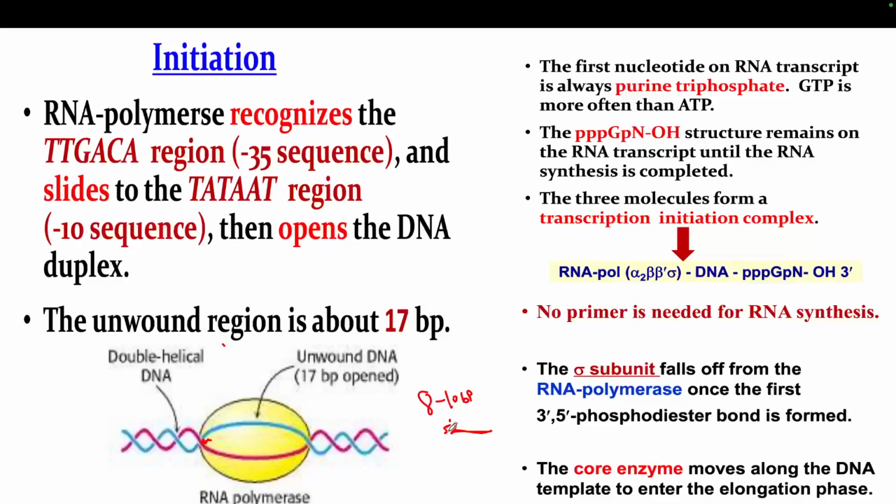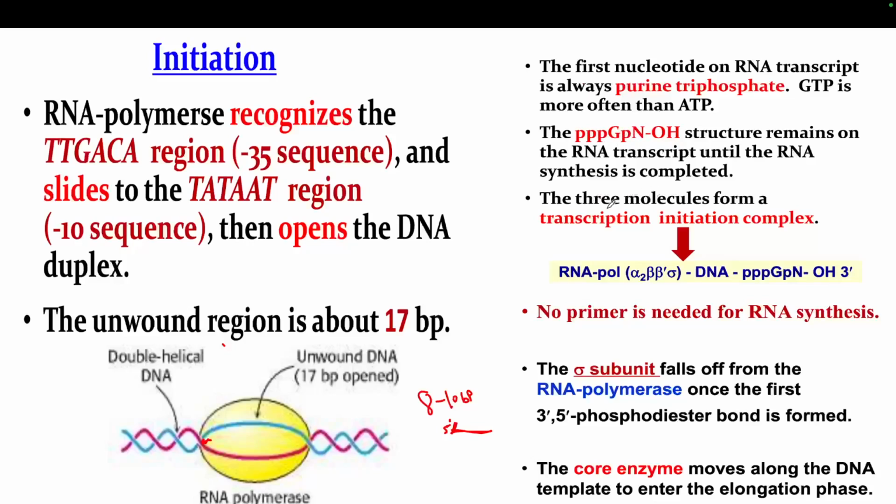And after that, when a new nucleotide comes, the phosphodiester bond will form between the two nucleotides, right? At that time the gamma and beta phosphates will be removed, and only the alpha phosphate will be there and will be incorporated into the mRNA. So the triphosphate, the pppGpN-OH structure, remains on the RNA transcript until the RNA synthesis is complete.